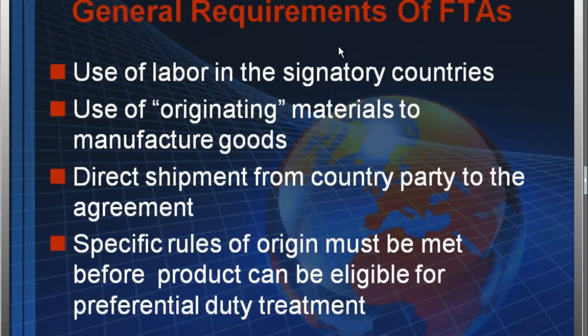They have use of originating materials to manufacture goods, direct shipment from one member to the agreement into the United States. Specific rules of origin must be met before product can be eligible for preferential duty treatment.